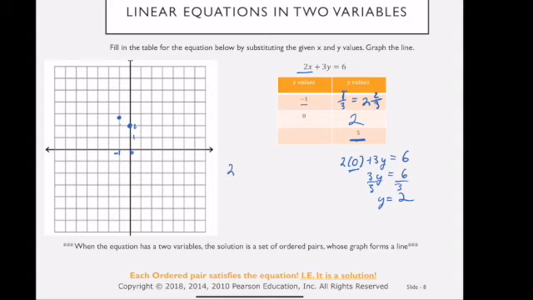So if I have 2x plus 3y, but this time y is 5, equals 6. That means 2x plus 3 times 5 is 15, equals 6. I subtract 15 from both sides. That leaves me with 2x equals -9. I divide both sides by 2.